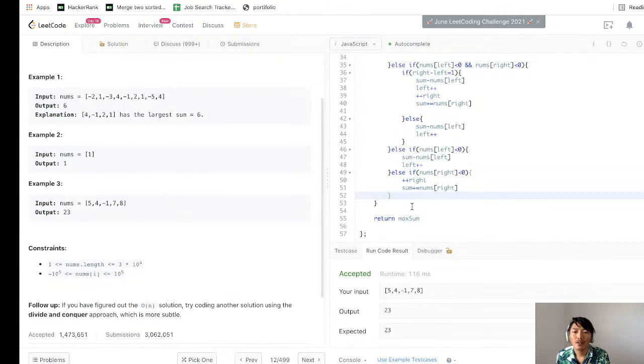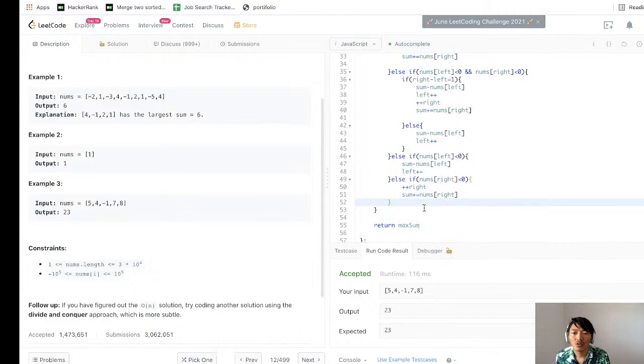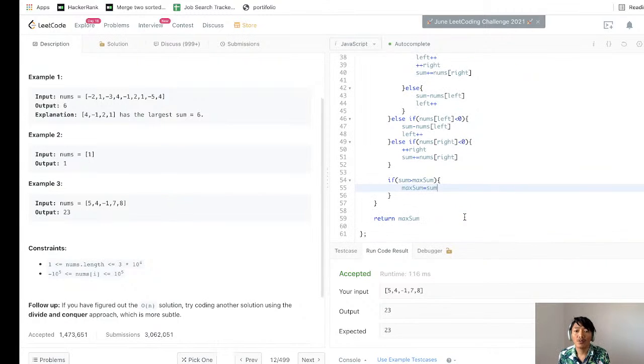All right. So if sum is greater than max sum, then max sum equals sum. Right, so let's do this. Let's run this code.